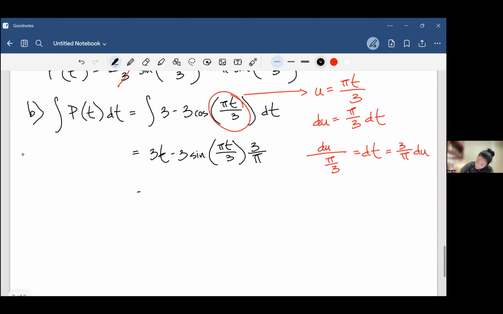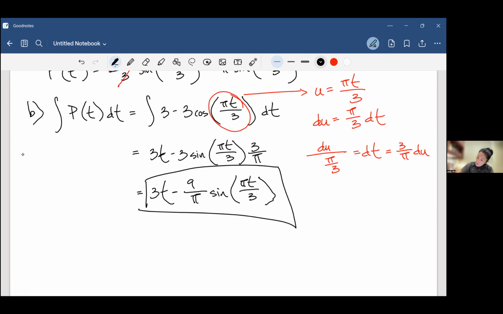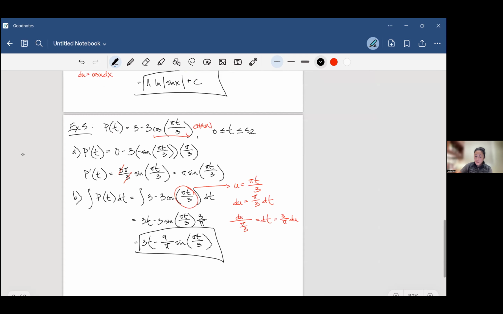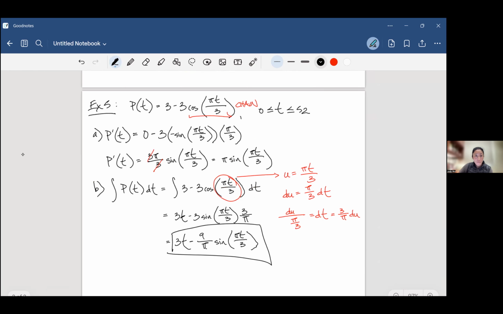All right, let's clean this up a little bit. We get 3t minus 9 over pi sine of pi t over 3.